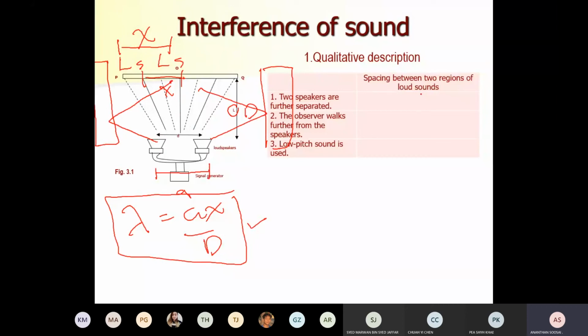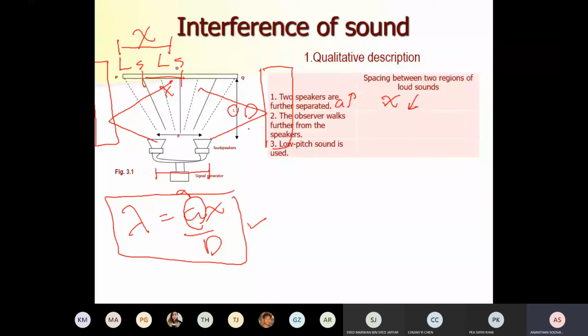Now you tell me what answer needs to be filled in this table. Two speakers are further apart. Does the spacing X become shorter or longer? The two speakers are further apart, so A increases. When A increases, X will decrease. Yes, good. Second one, the observer walks further from the speaker.